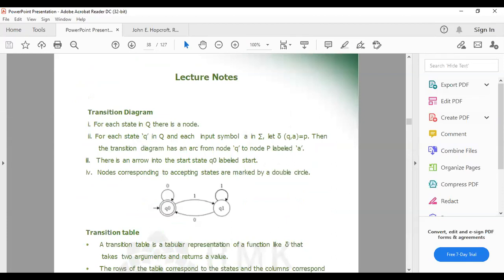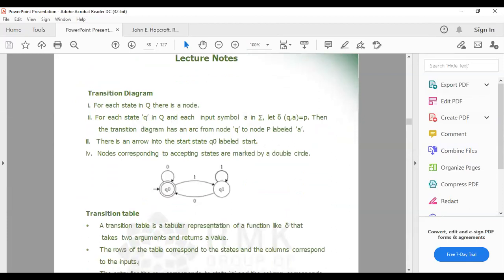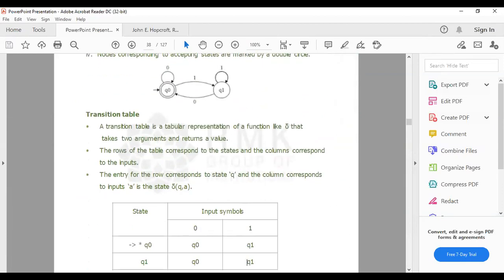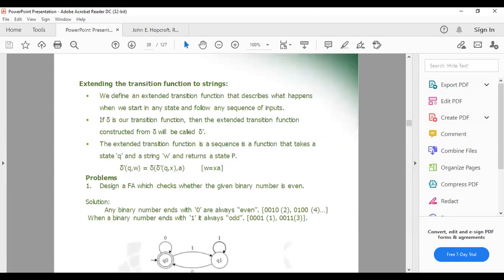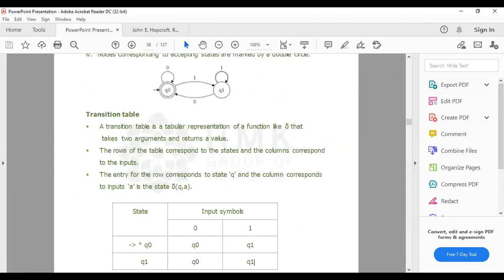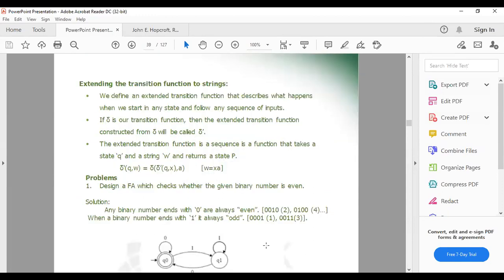Then what is the transition diagram? We know the transition table, right? In the transition table, row wise we have to mention the states, and column wise we have to mention the input symbols.